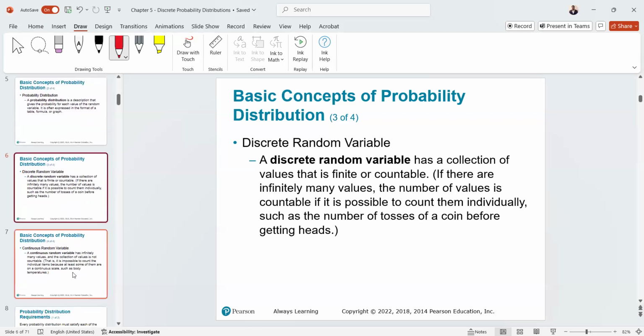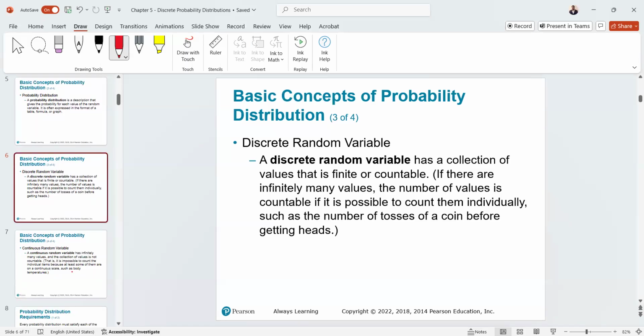Now, another key concept: we made a distinction between discrete and continuous data. So a random variable may also be discrete or continuous. A discrete random variable has a collection of values that is finite or countable.